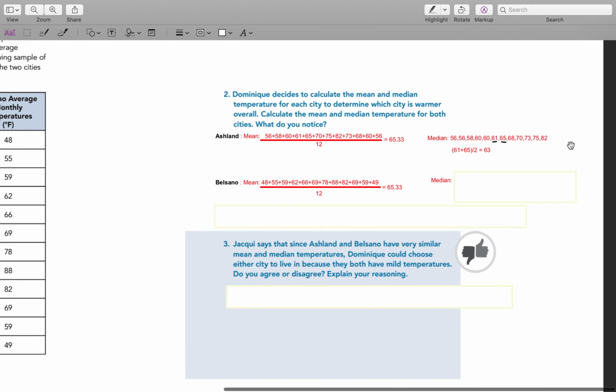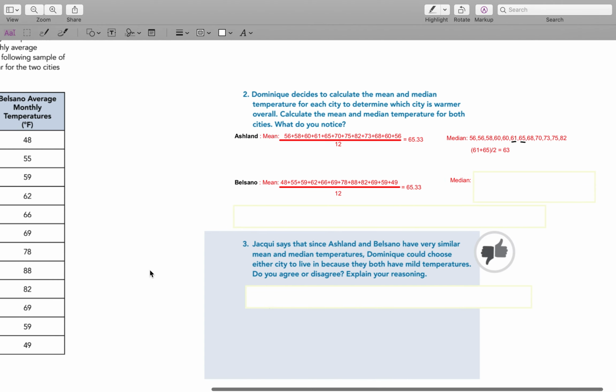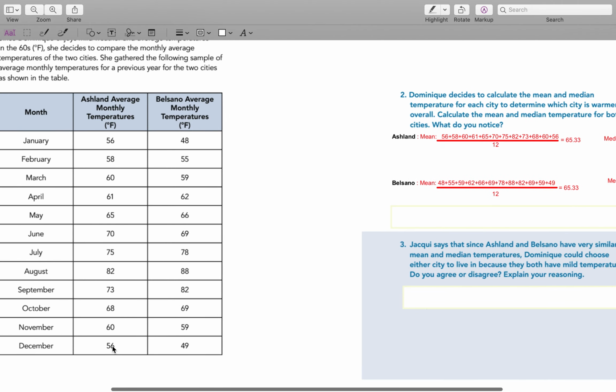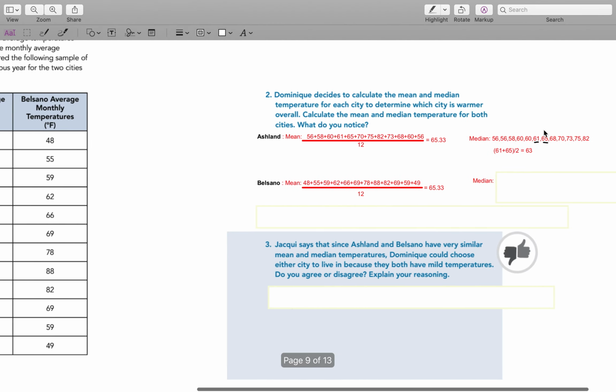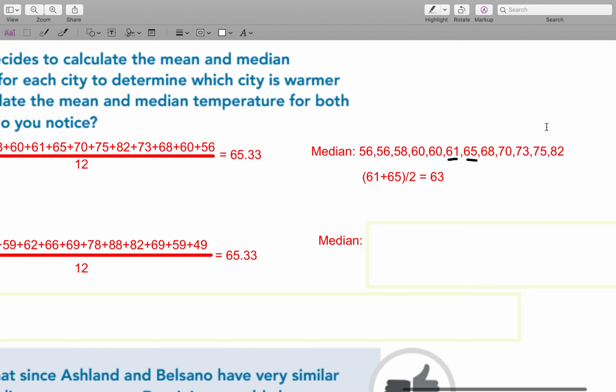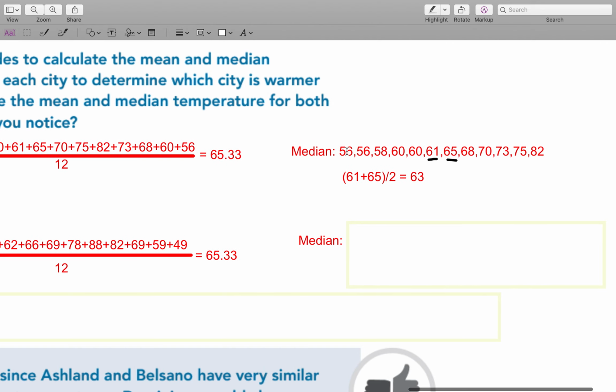So like this, we have 56, 56, because there are two 56s right here. And the next biggest number is 58, and then 60 right here. So let's see here. So 56, 56, 58. So list them in increasing order, so least to greatest. Okay.